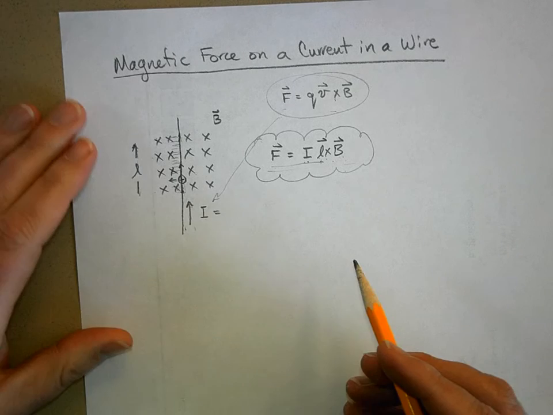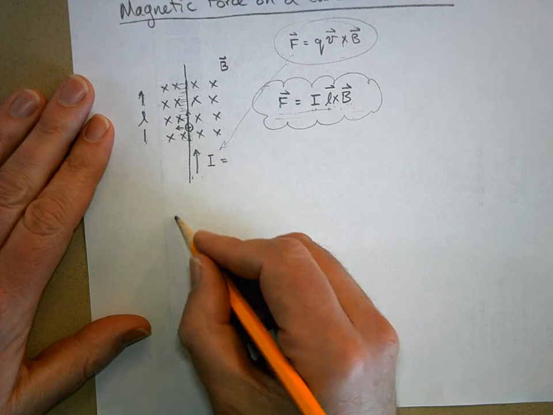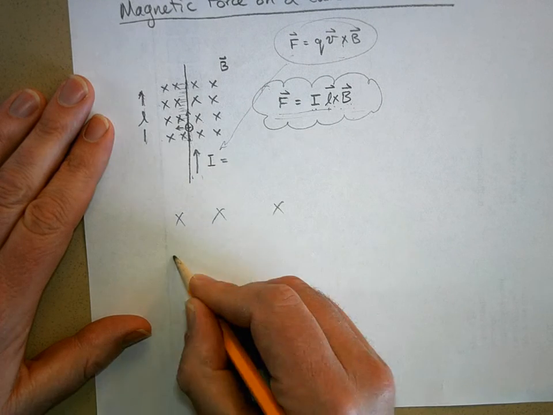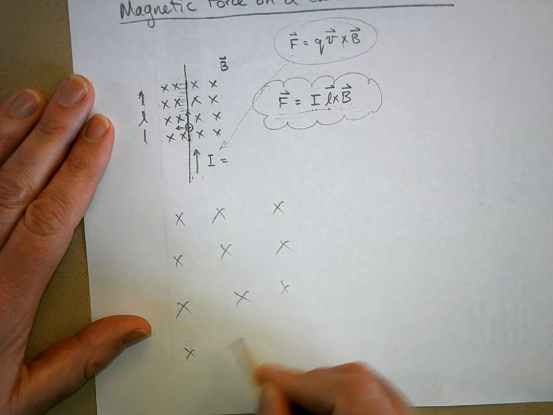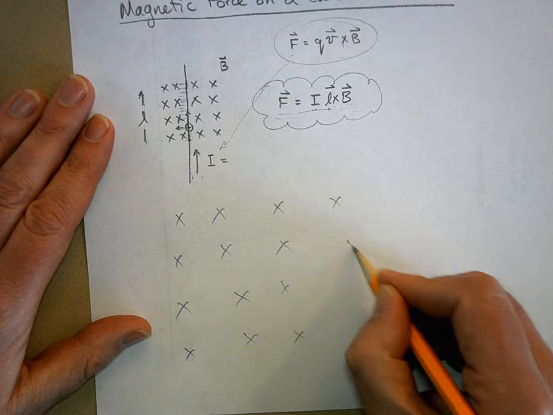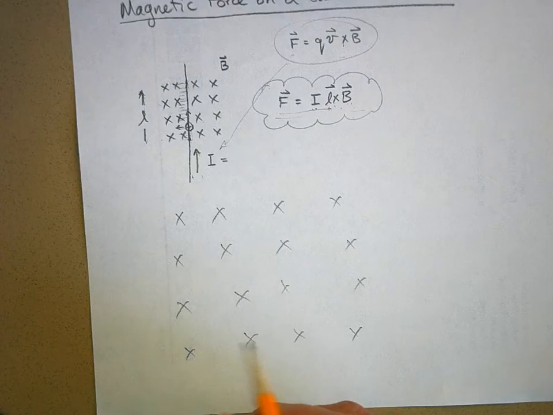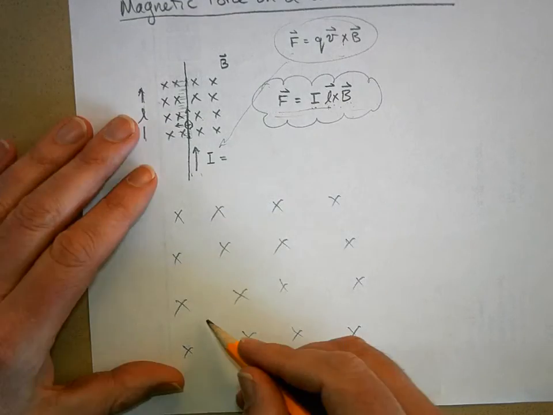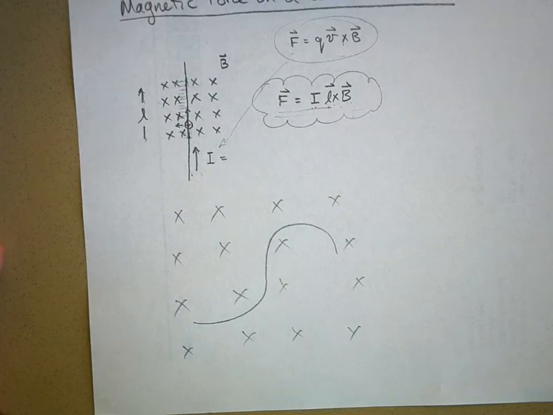Now if I have a magnetic field, I'm just going to draw a really big field here. What if I have a curving wire in here?